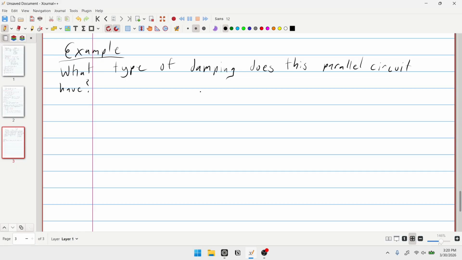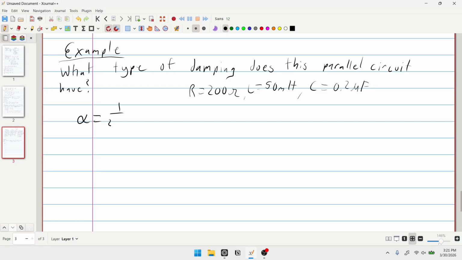Okay, so we're going to have our resistor equal to 100 ohms, our inductor equal to 50 millihenries, and our capacitor equal to 0.2 microfarads. So we need to get our parameters for the circuit, and we just need our alpha and our omega naught, our natural frequency.